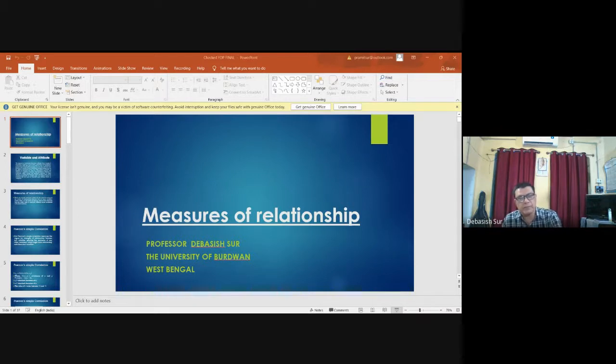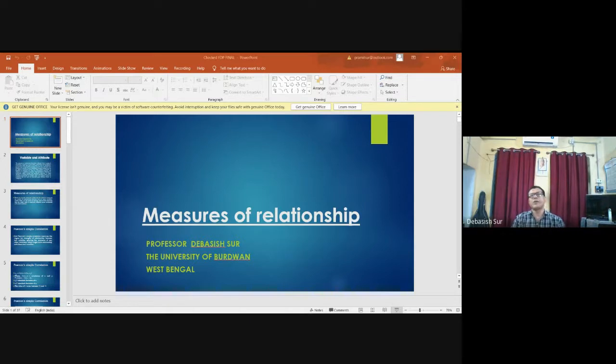Similarly, all participants can also be divided into three categories: skilled participants, semi-skilled participants, and unskilled participants. So again, attribute cannot be measured numerically, but it can be classified under different heads.